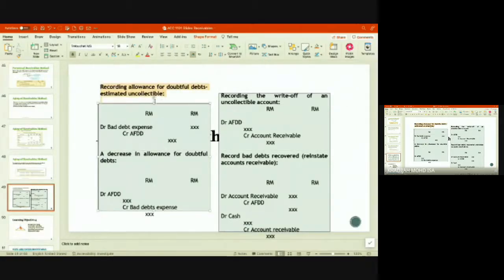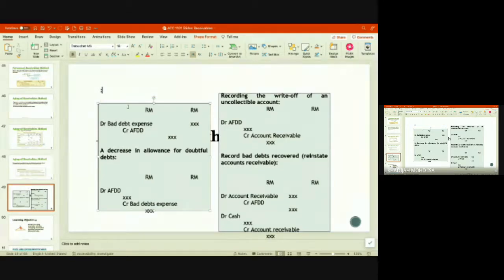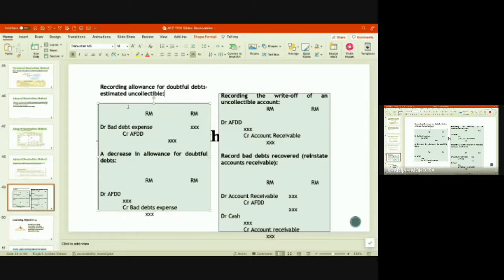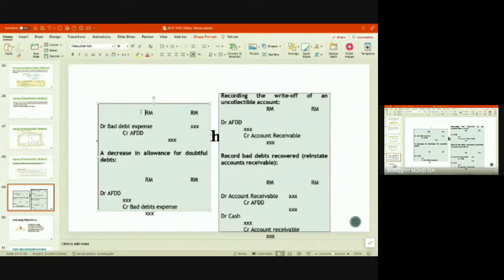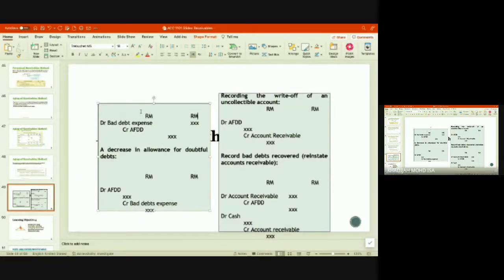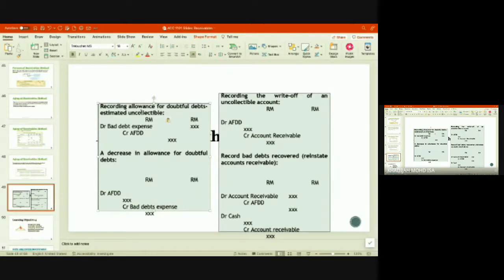Ni recording ni command X should be X. Okay.